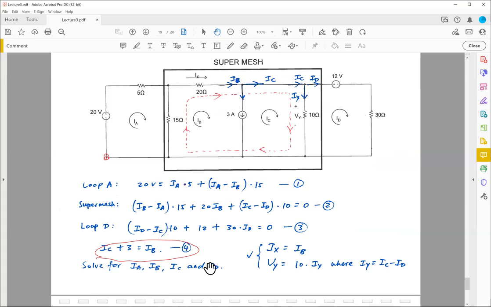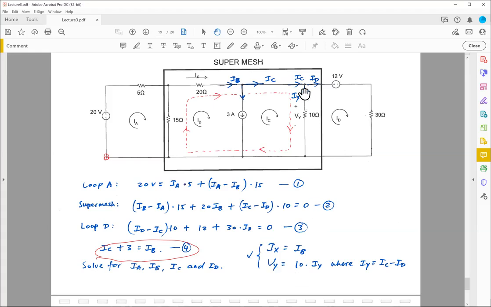Once you have these unknown variables solved, you can find Ix and Vy easily. Right? So what is Ix? Well, Ix by inspection, Ix is the current flowing through this 20 ohm resistor, and which is the same as IB, because IB is also flowing through this 20 ohm. So Ix and IB are the same.